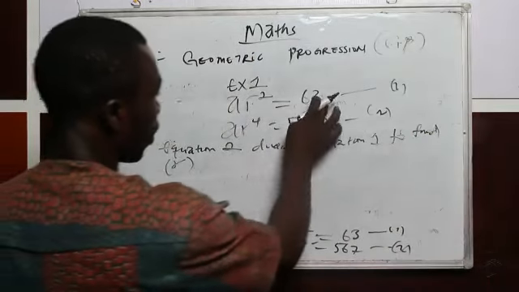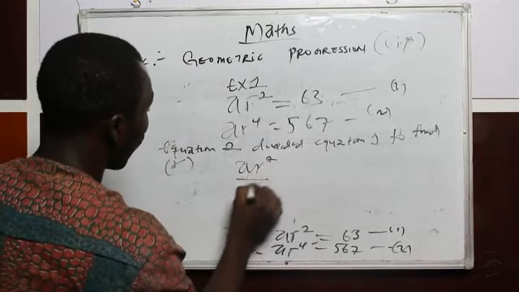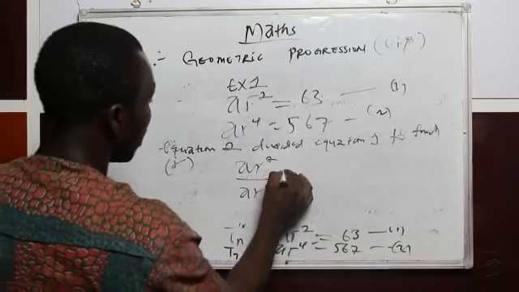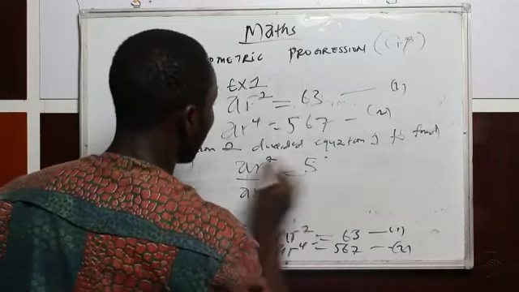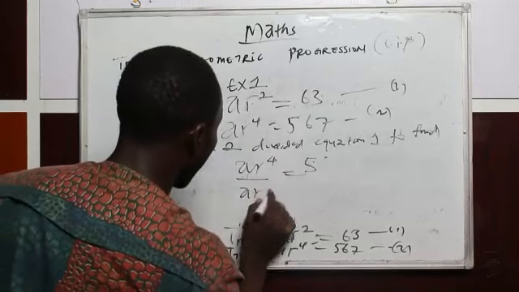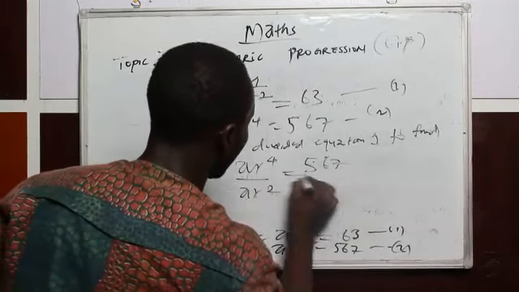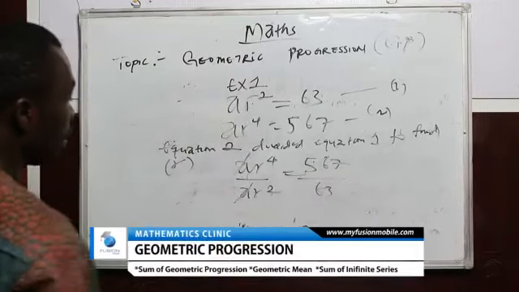Now, this is equation 1, this is equation 2. a r raised to power 4 over a r raised to power 2 equals 567 over 63. A cancels A here.